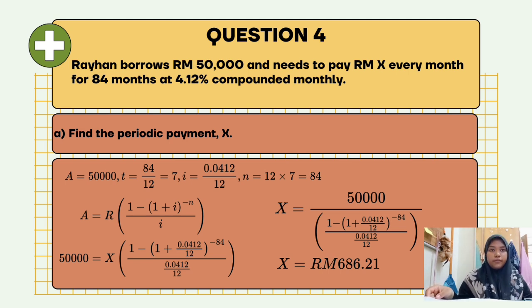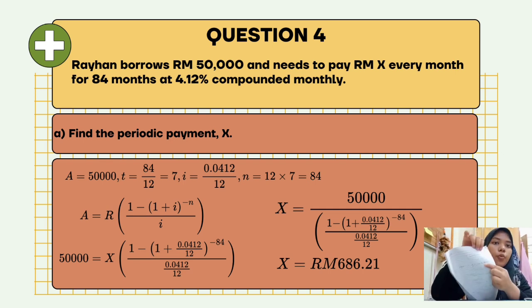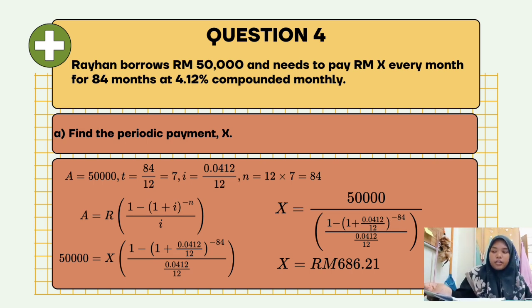In question number 4, we are going to use two formulas, which are A equals R times [1 minus (1 plus i) to the power negative n] over i, and the other one is S equals P times (1 plus i) to the power n. For A and for B, we use the same formula, A equals R times [1 minus (1 plus i) to the power negative n] divided by i.